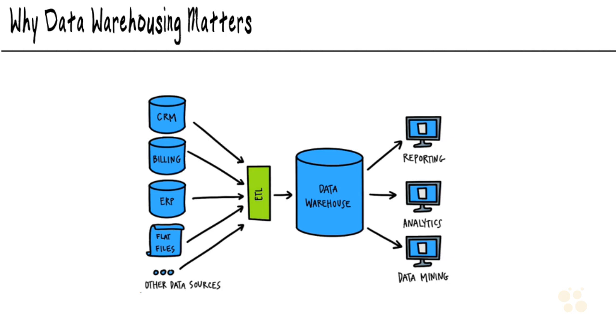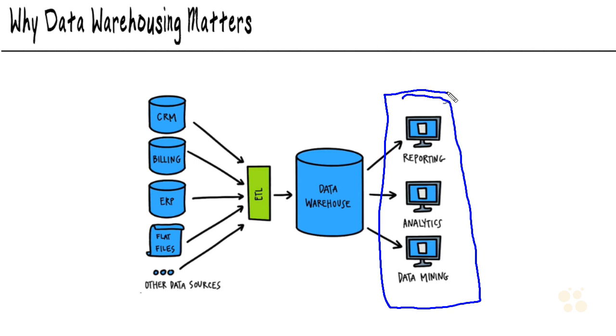So, looking at the diagram here on the screen, you may have heard about business intelligence when it comes to this sphere right here. This is talking about drawing visualizations with the data so that we can look at it at a very high level. Reporting, analytics, data mining, these are all of the ways that we can interact with the data to get those analyses. That's not what this course covers.